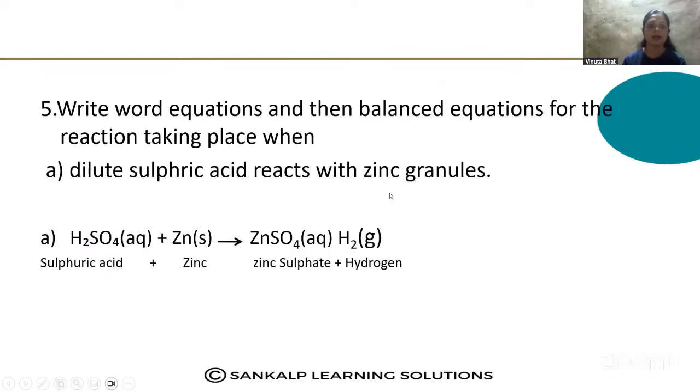Next question. Write the word equation and then balance the equation for the reaction taking place when dilute sulfuric acid reacts with zinc granules.